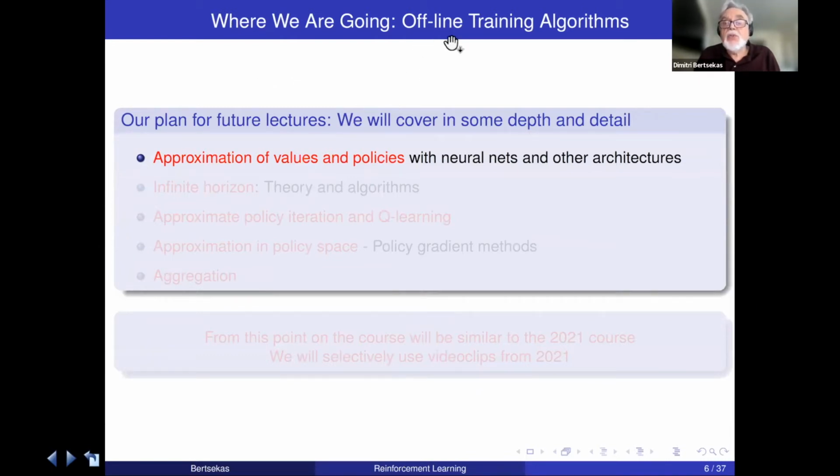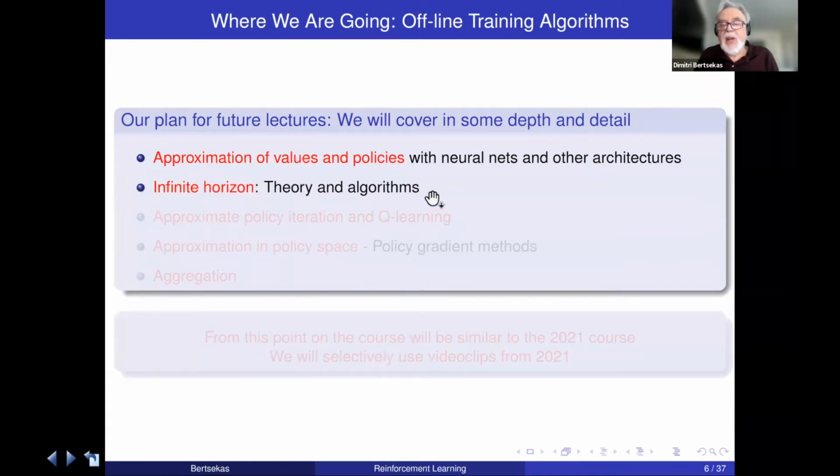We're going towards offline training algorithms, and we're going to have 5 lectures on this topic. And the 5 lectures correspond to these bullets that I have here. We're going to cover in some depth and in some detail approximation of values and policies with neural networks and other architectures. This is today's lecture. The next lecture is going to focus on infinite horizon problems.